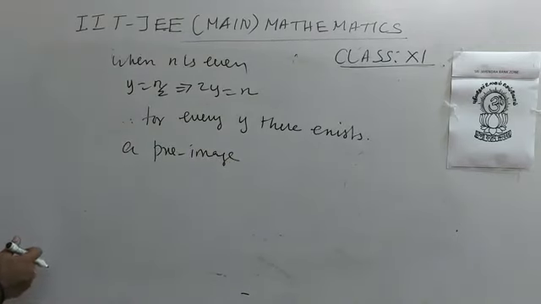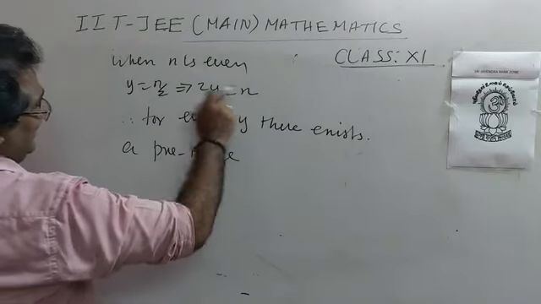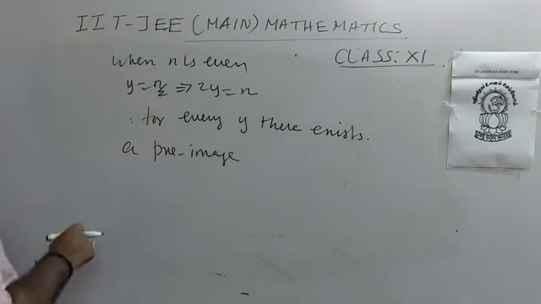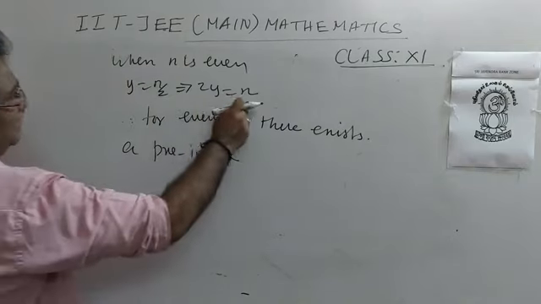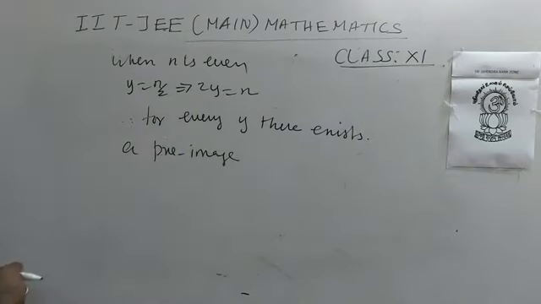When n is even we get 2y, and when n is odd we get 2y minus 1. So for every y there exists a pre-image.